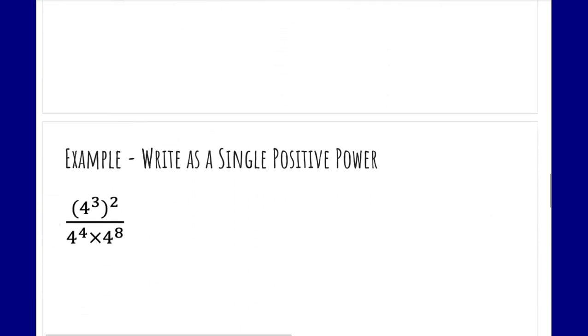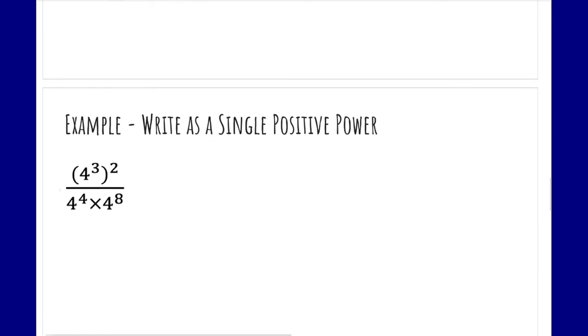So let's go through and write each as a single positive power. So this is going to be combining some of our laws that we've looked at previously and the idea of negative exponents. So here let's simplify the top and bottom separately. Right, power of a power law, it says we multiply, so 4 to the power of 6 divided by 4 to the power of 12, because we add the exponents on the bottom.